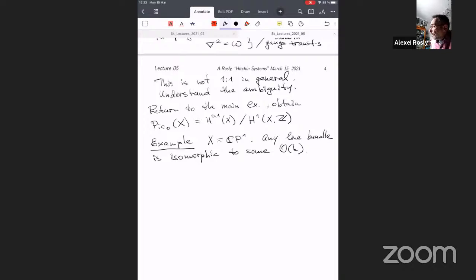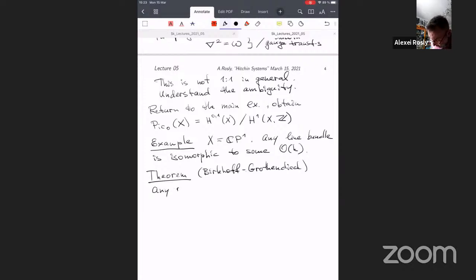But here we also have a complete description of vector bundles, which is formulated as the Birkhoff-Grothendieck theorem. It sounds very simple.